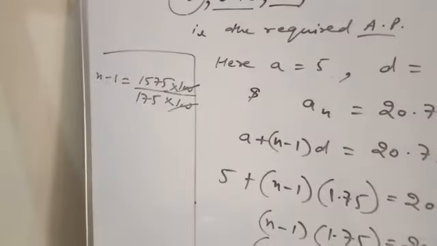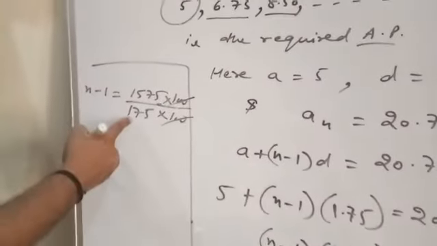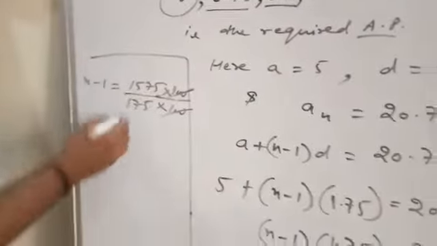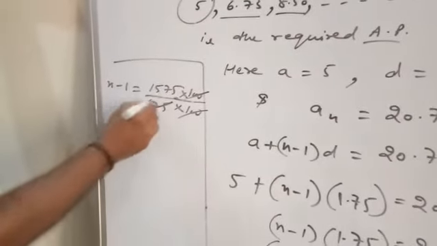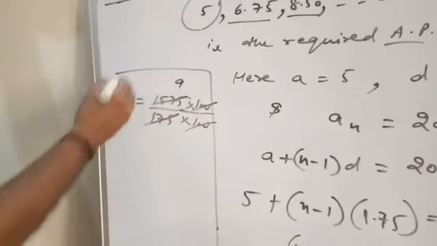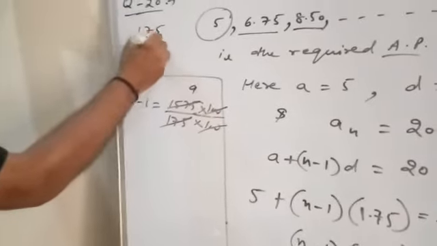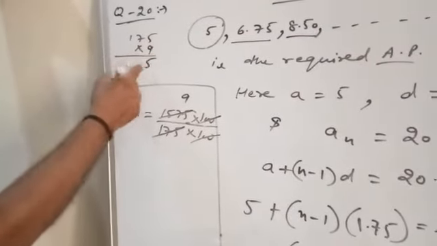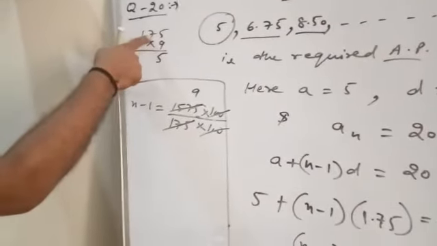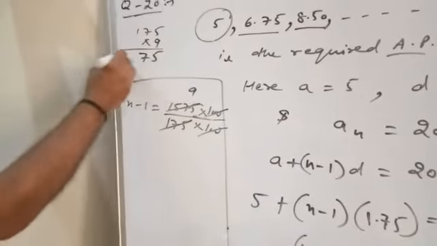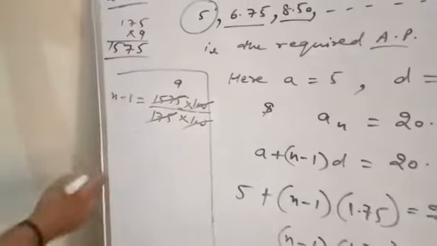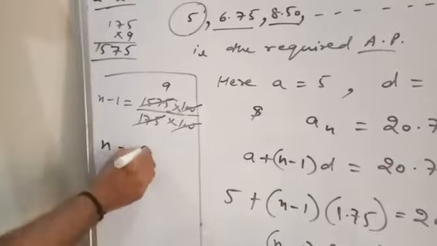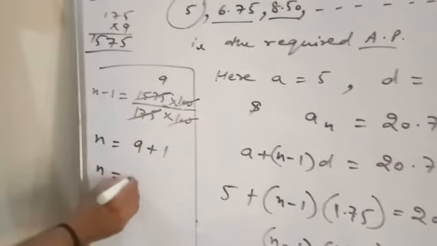This cancels with this. Now you can cancel this with this, then it will go to 9. 175 into 9: 9 5s are 45, 9 7s are 63 and 4 is 67, 15. So n equals 9 plus 1, n equals 10 is our answer.